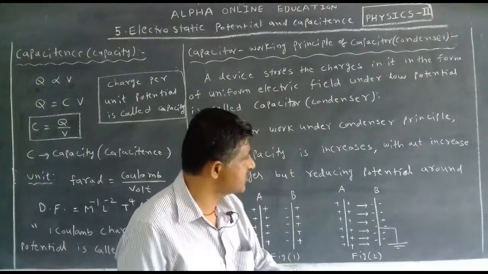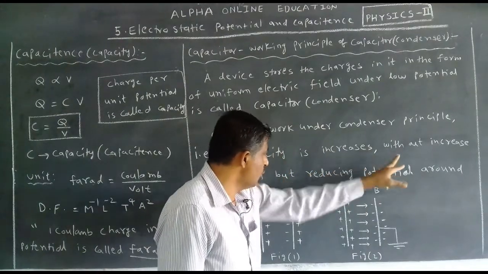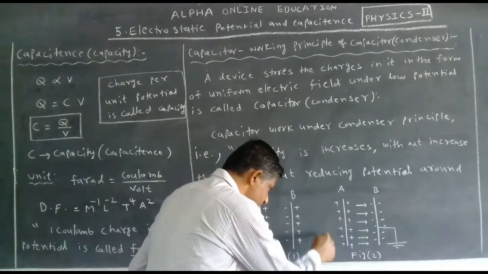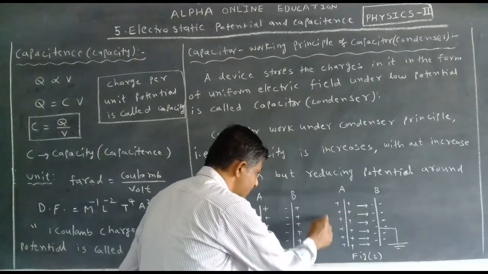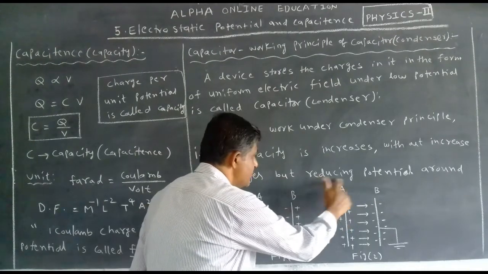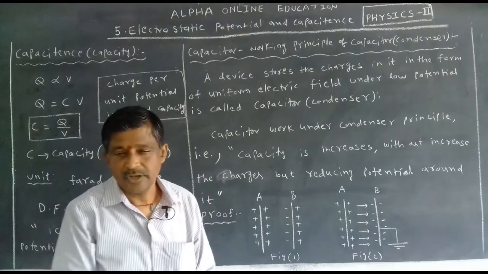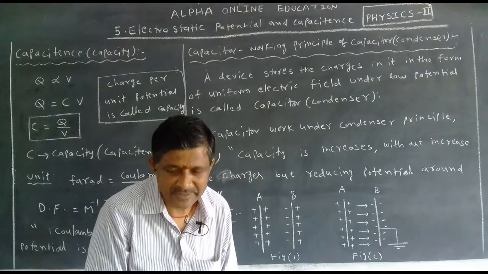But what is the condenser principle? Capacity increases without increasing the charges. The number of charges is not increased here, but the capacity is increased by reducing which one? The potential around it. Are you followed? The working principle of a capacitor.